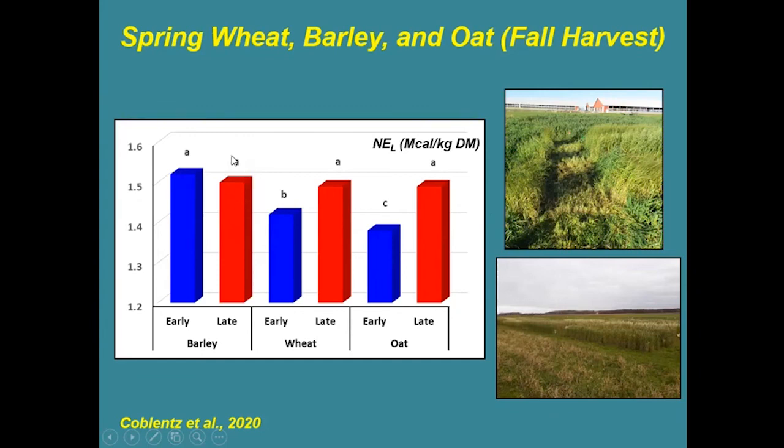And I think that's related to two factors. One, these plants did grow in the fall when it was relatively cool. I suspect their lignin concentration was not as high as it might otherwise be. But on top of that, these had the benefit of grain fill as well. And I think that provided an advantage here compared to the early varieties of wheat and oat.